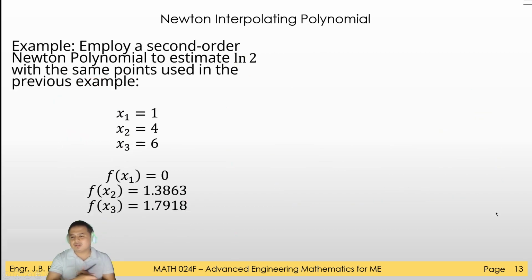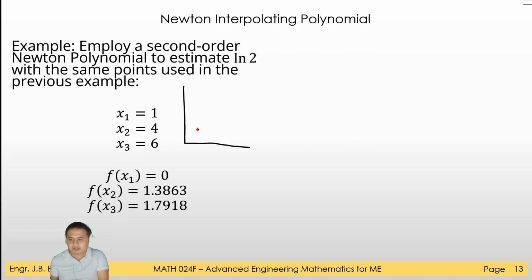So going back to the estimation of ln2, we again want to find ln2, using the same given as before. But instead of a linear interpolation, here is a brief visualization of the problem.